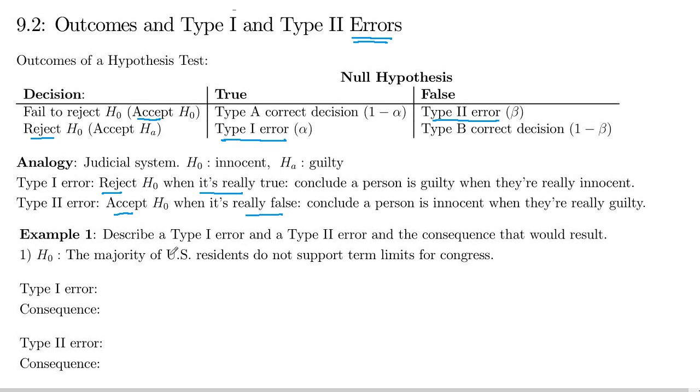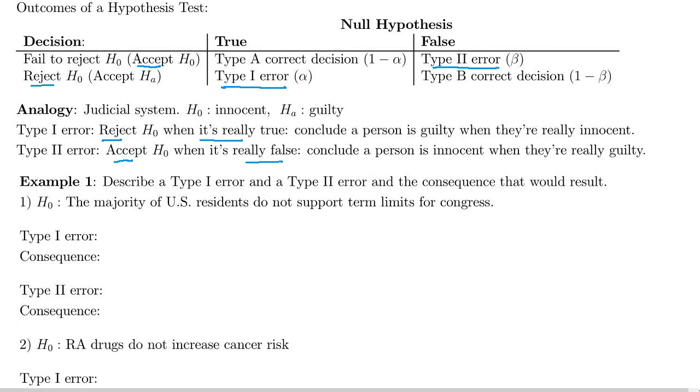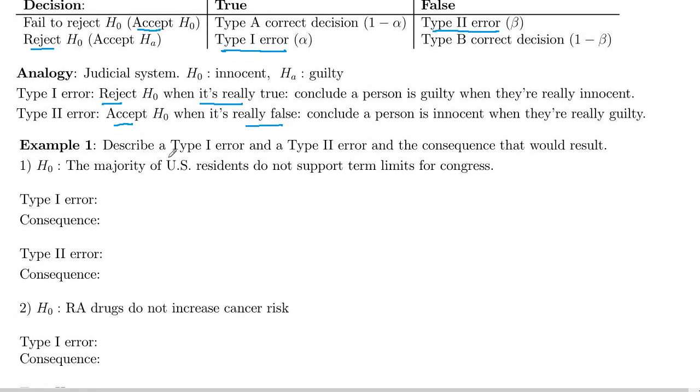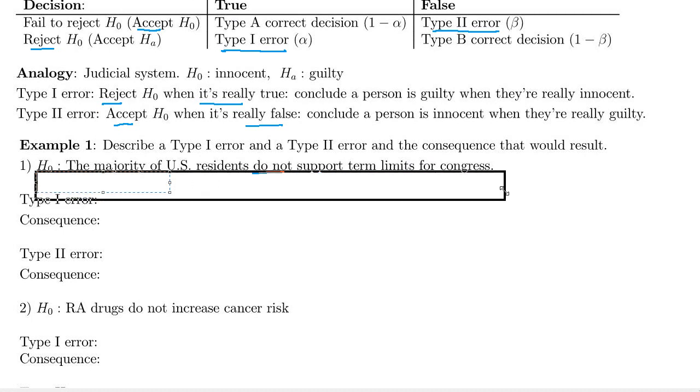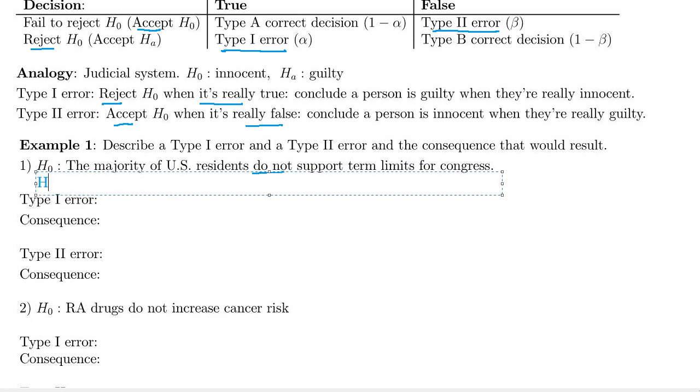So let's look at an example here to illustrate. We have our H0 is that the majority of U.S. residents do not support term limits for Congress. So then let's decide what our HA is, which is the opposite here. And that's going to be that they do support term limits.